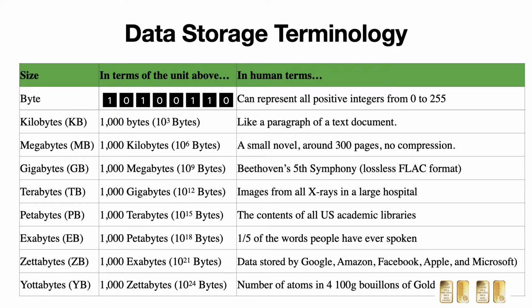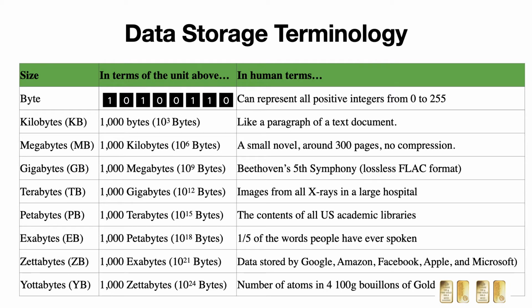A byte is basically 8 ones and zeros. With 8 ones and zeros, you can encode all the integer numbers from 0 to 255, and also you can encode a single character in ASCII. So we can basically cover all the characters that are used in the English language.